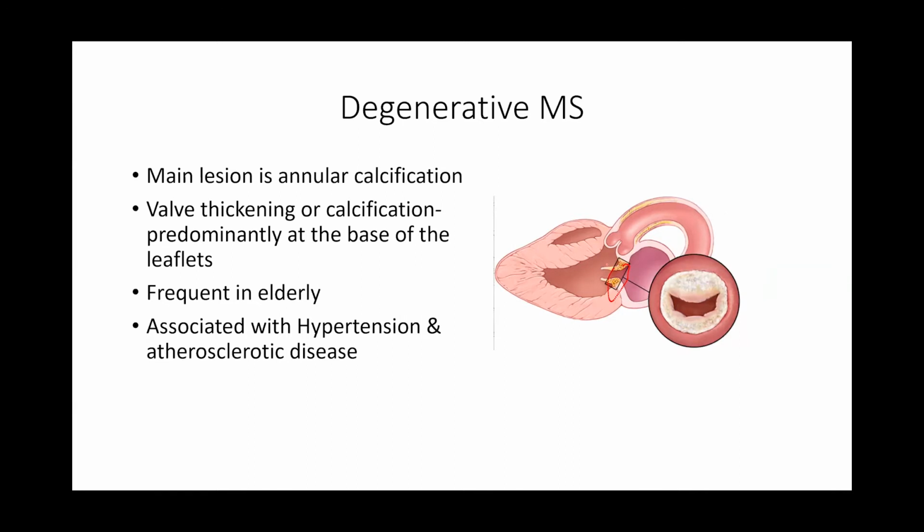Because it's a degenerative disease, it's more common in elderly patients, and hypertension and atherosclerotic disease are common associations with this. So the main way to differentiate between rheumatic and degenerative is that in rheumatic, it's mainly the tips which are affected, whereas in degenerative, it's mainly the base of the leaflet which is affected.